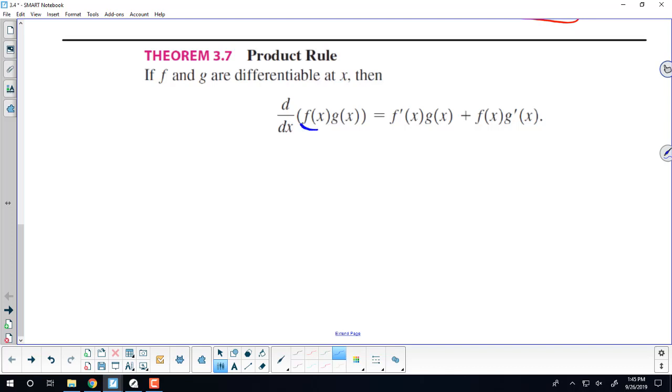I guess usually the way we state this, let's call f the first factor, and then g is the second.